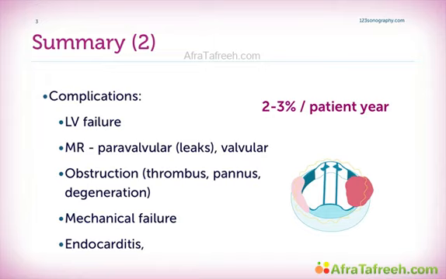Complications include left ventricular failure, especially if patients are operated too late, mitral regurgitation, either paravalvular, caused by leaks, or valvular, for example in degenerative disease of biological valves, obstruction, caused either by thrombus, pannus, or as a consequence of degenerative disease, mechanical failure, which however is very rare, and endocarditis.